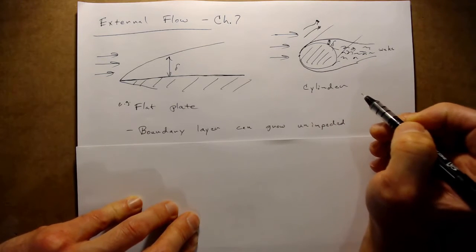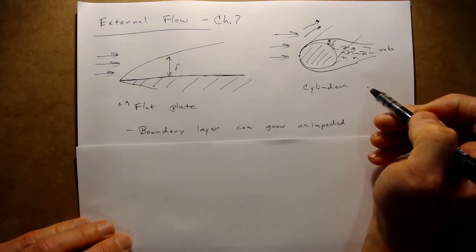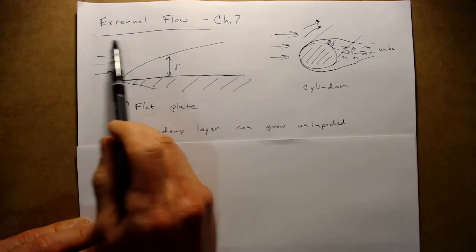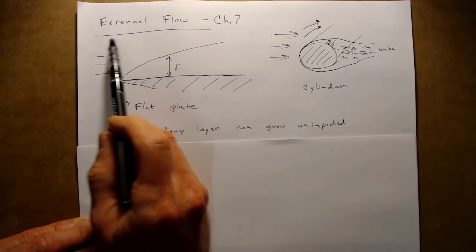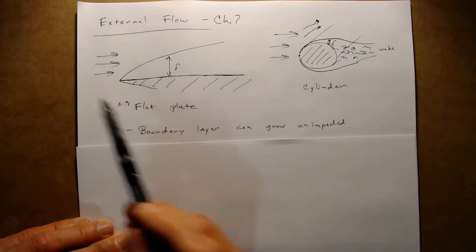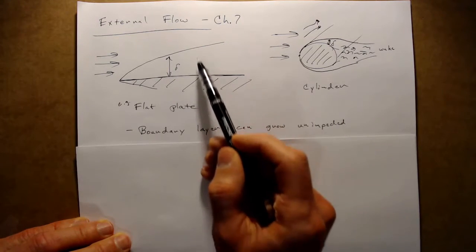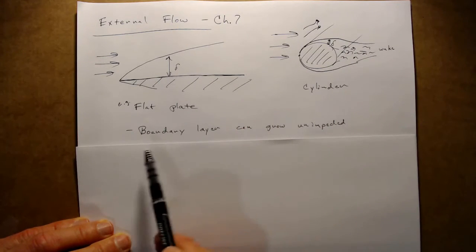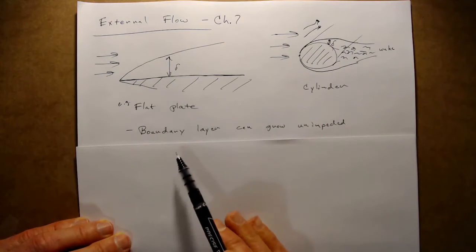And we'll discuss this in more detail later on. But this chapter in general is going to deal with all types of external flow where we allow the boundary layer to grow from the surface without impediment.